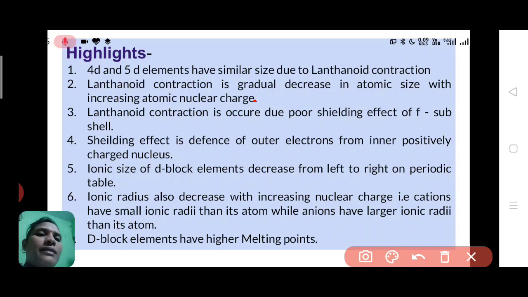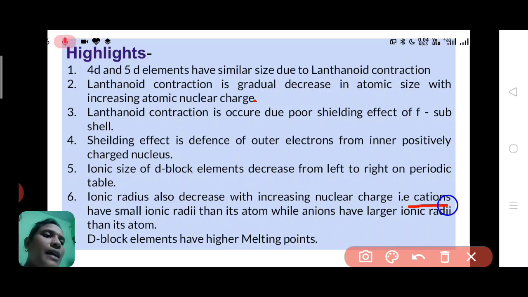Then ionic size, we have learnt about ionic size. The ionic radii of d block elements decrease from left to right in the periodic table and increase from top to bottom. Ionic radius also decreases with increase in nuclear charge.